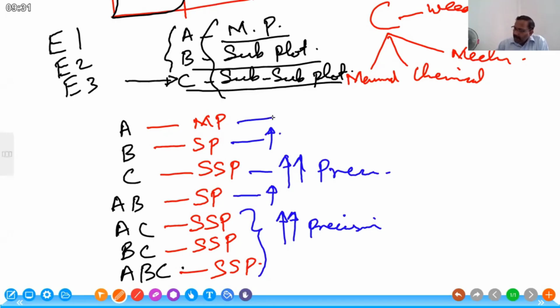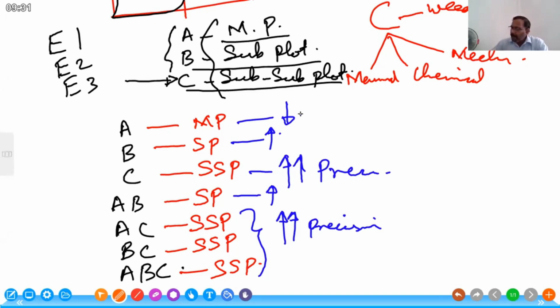This is the last one, the low precision. We can evaluate all these interactions, but the precision levels are different. So these 4 with high precision, 2 with relatively low precision, and 1 with lowest precision.